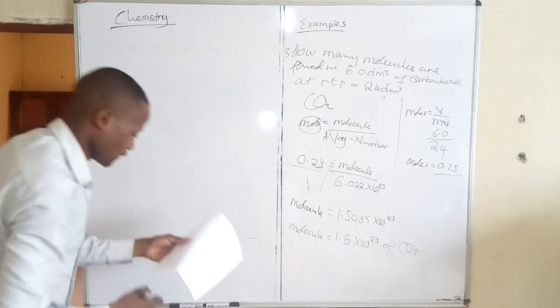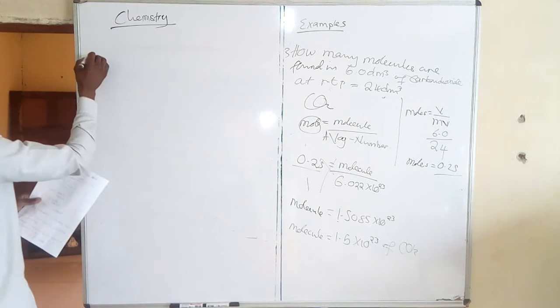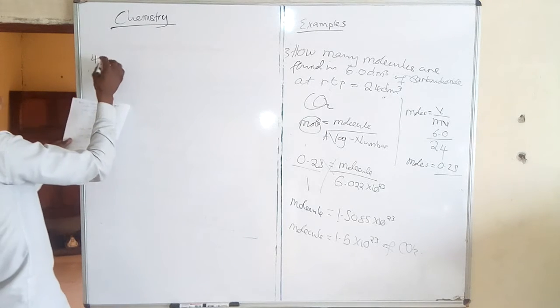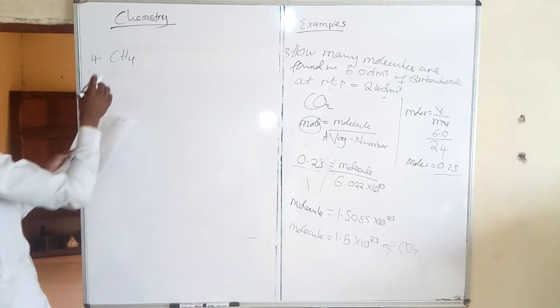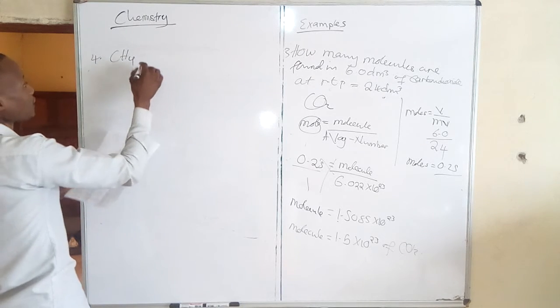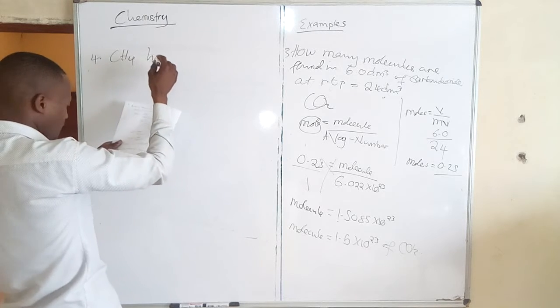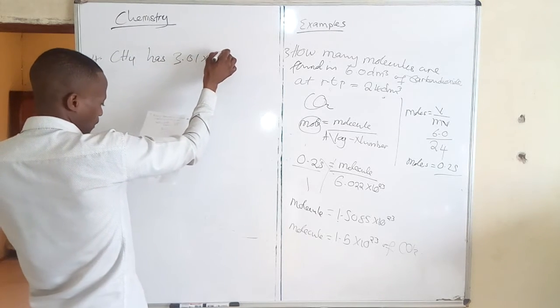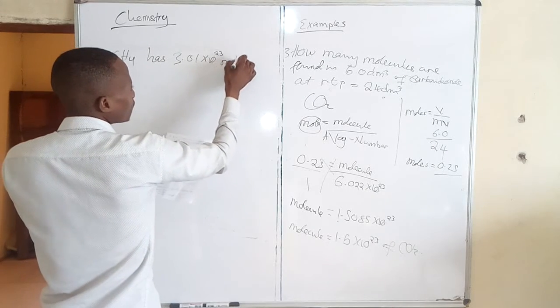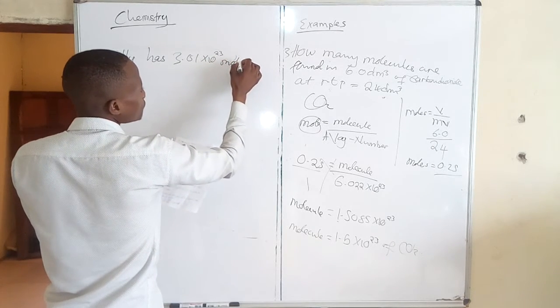Okay, so the other question is that CH4, that's organic methane, has 3.01 times 10 to the power 23 molecules.